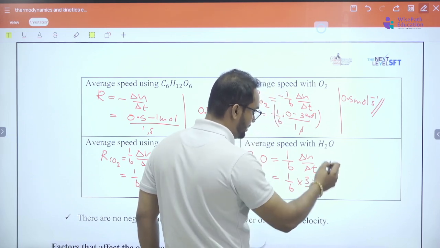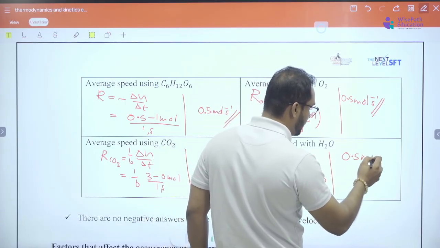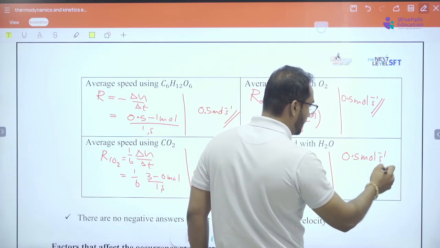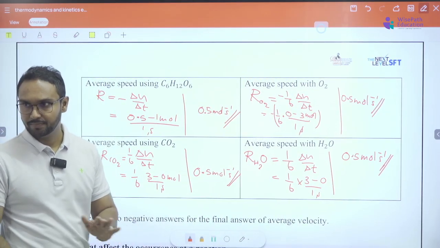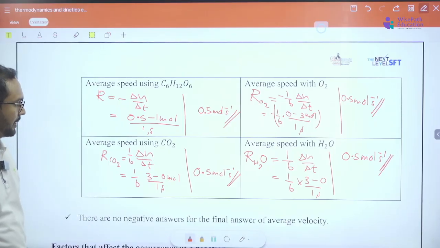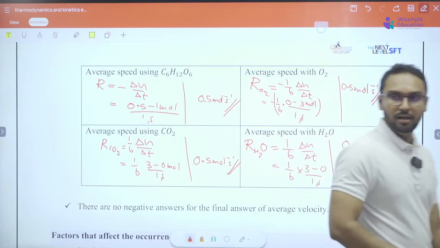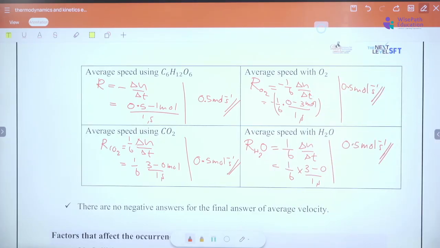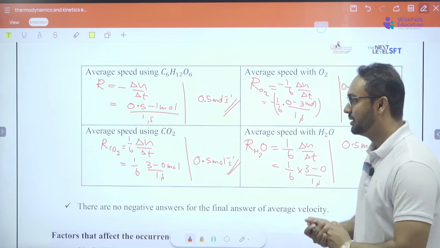This is the multiplication, and that is 0.5 mole per second, right? 0.5 mole per second. Get it? So now all the rates are equal, right? That is what you call the average rate of reaction. People online understood it? Yeah.